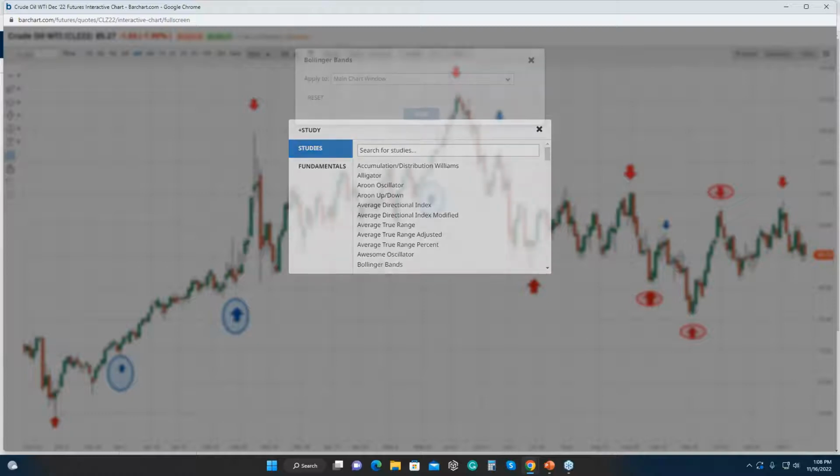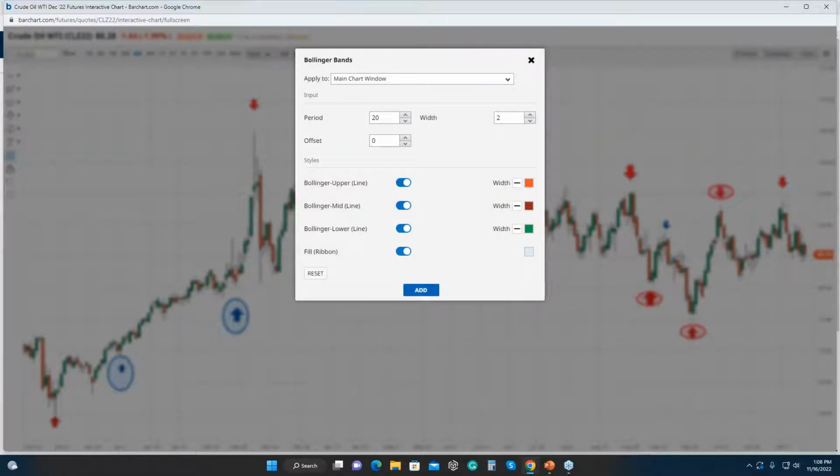Now, if I go to add Bollinger Bands, notice that there are some defaults here. So the default here, again, is our 20 period, and our width is our standard deviation. In this case, 2 standard deviations. Now, you might change this based on your analysis, right? For instance, if you're working in weeklies, you like weekly Bollinger Bands, but maybe you like to think about weeklies in terms of a quarterly event, let's say quarterly of the year.